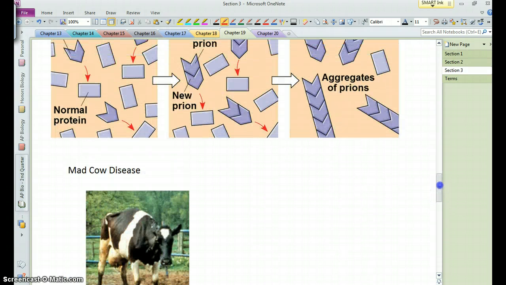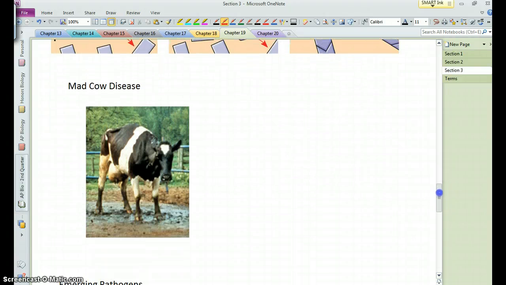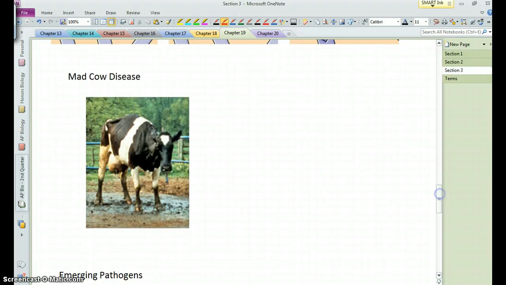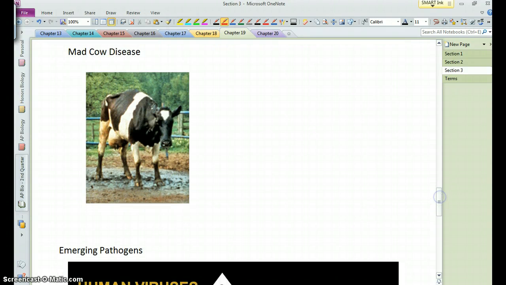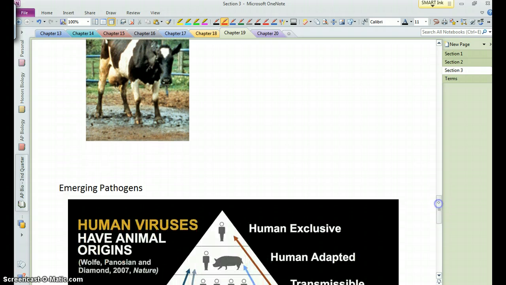Prions can't be removed by sterilization techniques because they're just these proteins that you really can't destroy. So basically that was pretty gross because the cows were eating parts of other cows and getting this disease transmitted that way, and then some people ate these infected cows and got the Creutzfeldt-Jakob disease. And so now there's much more restrictions on what you can feed cows, because when an outbreak occurs, it's a bad thing for the industry because then nobody wants to eat that meat, obviously.